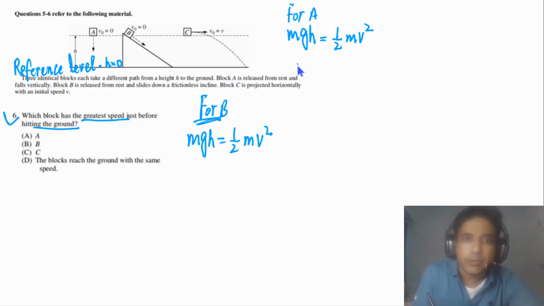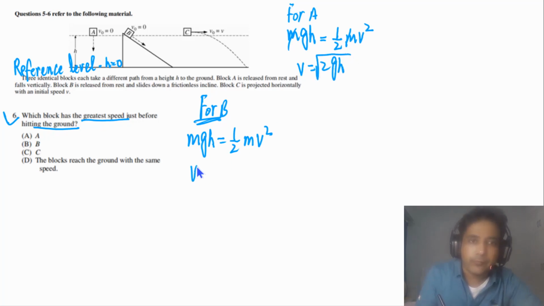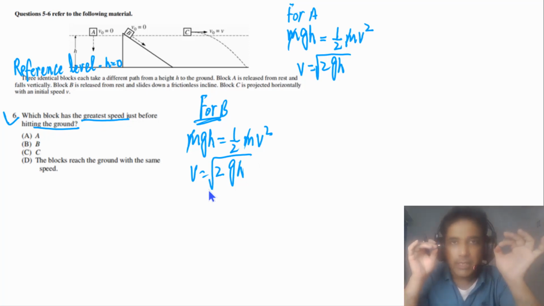We can also write the speed from here: v, the mass will be cancelled, is equal to the root of 2gh. And for block B, v is also equal to the root of 2gh. So block A and block B will have the same speed when they hit the ground.